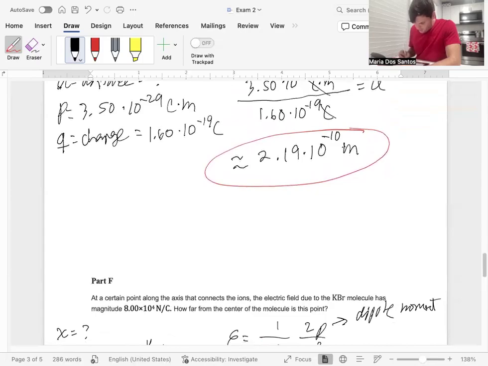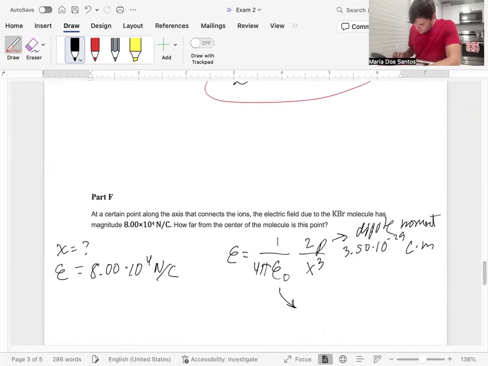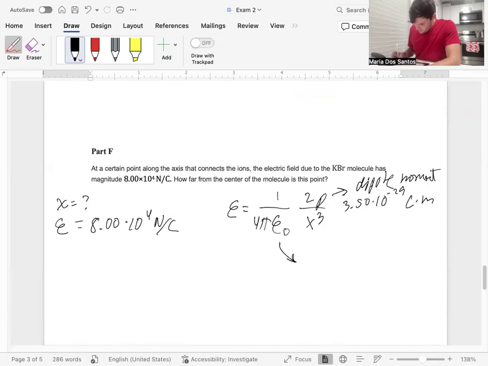It's given to us. This one is the permittivity of free space.